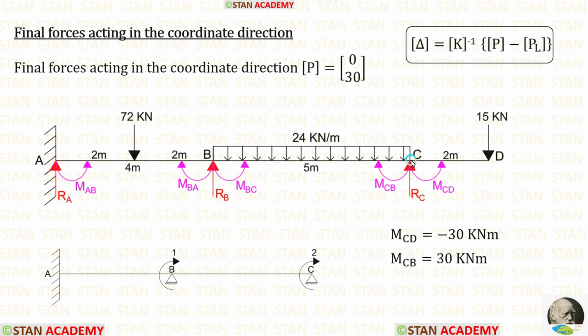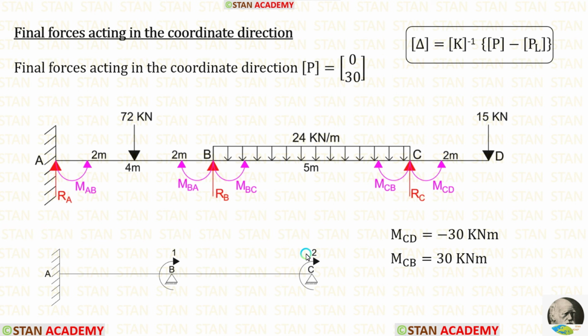Using the overhanging span CD, we have calculated two final moments in the point C. Now let us check the first coordinate. In the first coordinate B, there is no moment developed due to the overhanging span. So in the first coordinate, it will be 0.